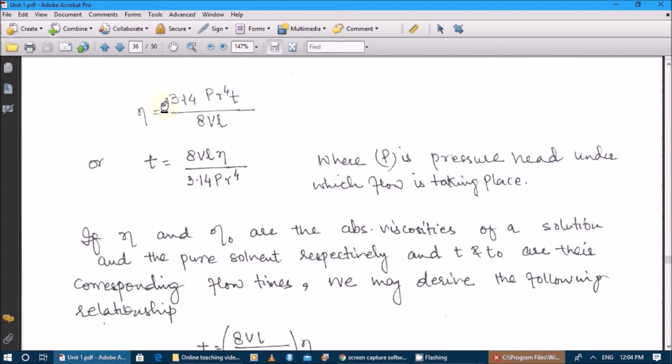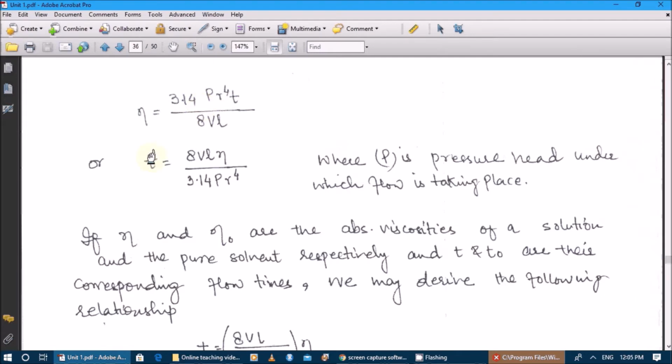So this is the Poiseuille equation, eta equals 3.14 P r to the power 4 T over 8 VL, where P is the pressure head, T is the time, V is the volume, L is the length of the capillary, and R is the radius of the capillary.